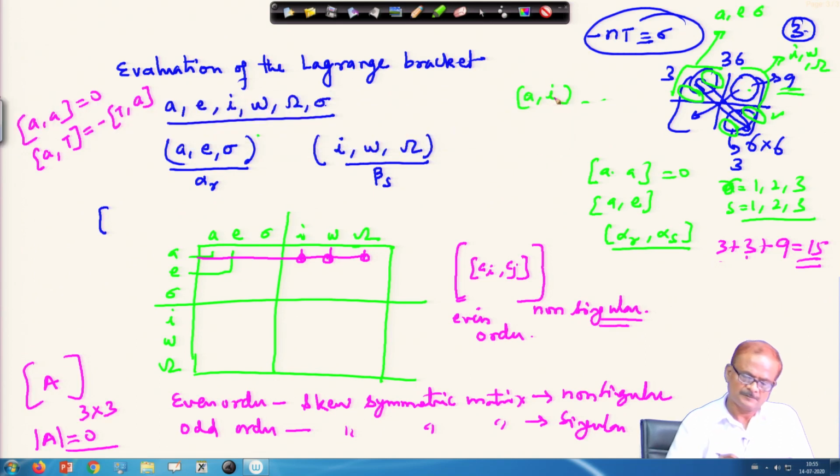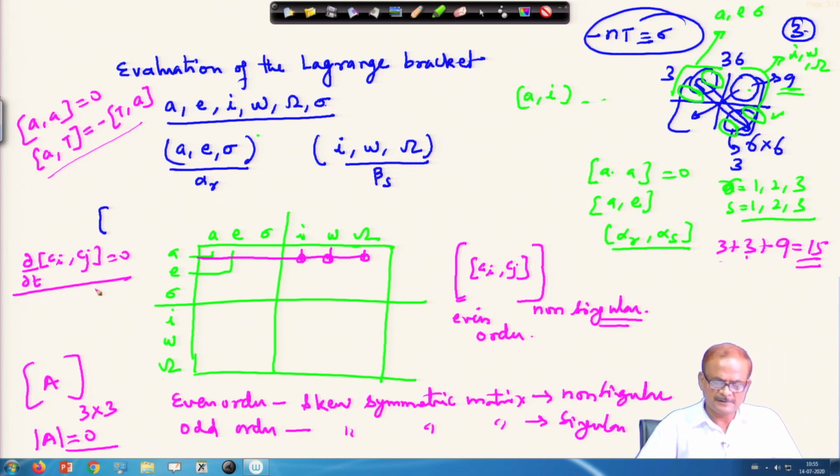The third property that we have written was dou by dou t of the Lagrange bracket C i comma C j equal to 0. That means if we take the time derivative of the Lagrange bracket, this quantity is going to be 0, and this we have proved earlier.